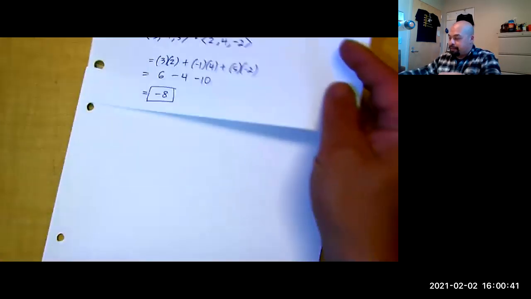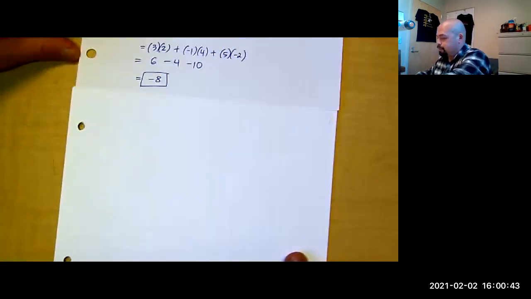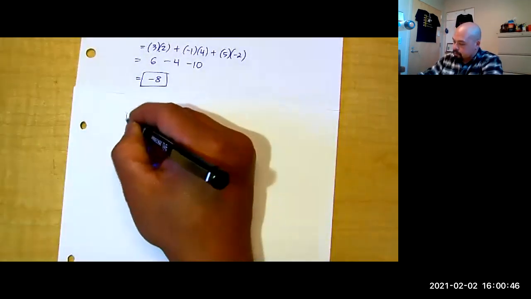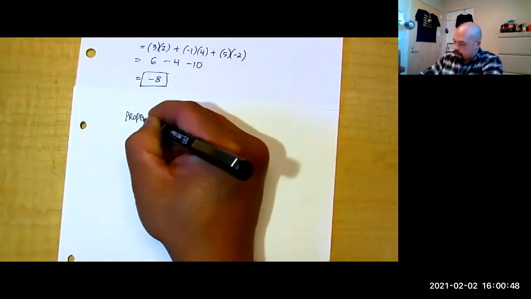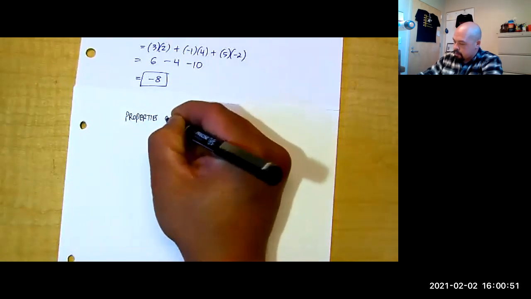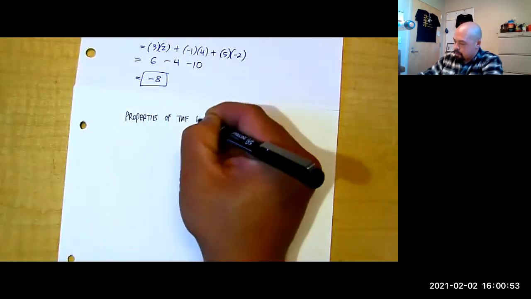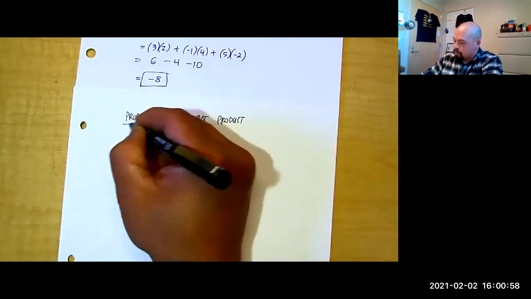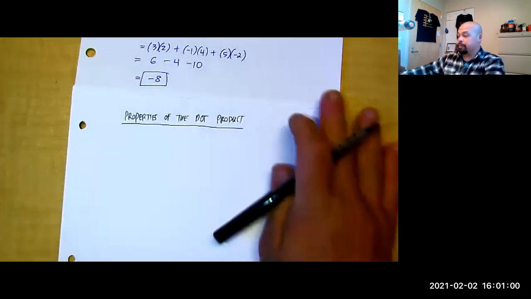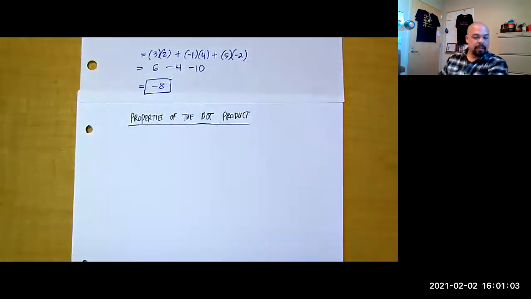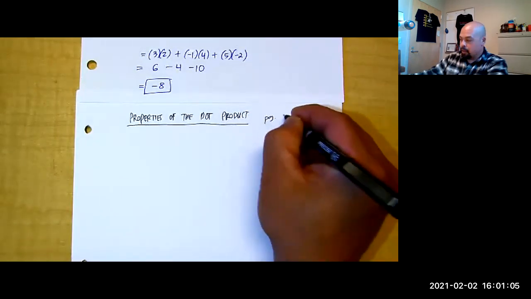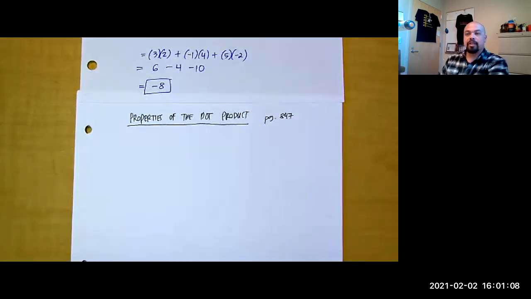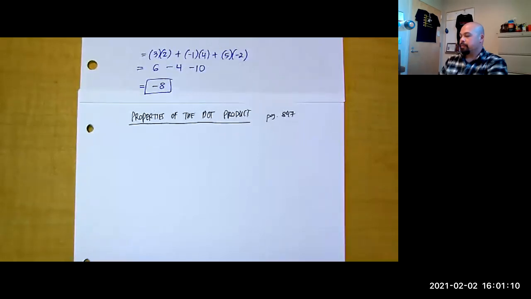Then some properties of the dot product. I'm going to start off with an interesting and important property. This is on page 847 of our text, the 8th edition of Stewart's Calculus, Early Transcendentals.